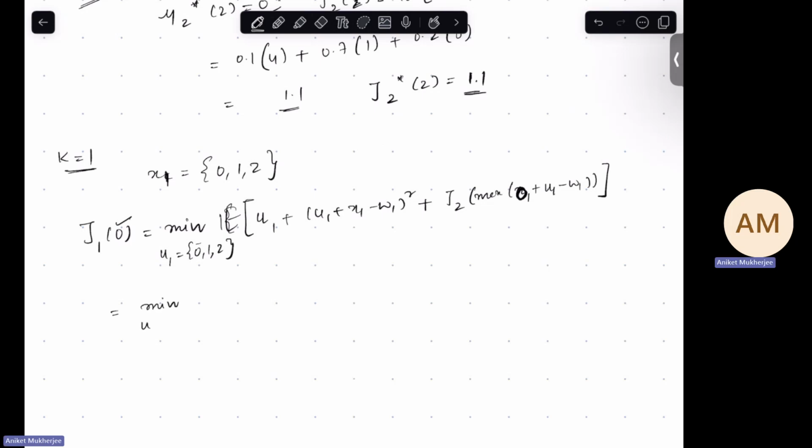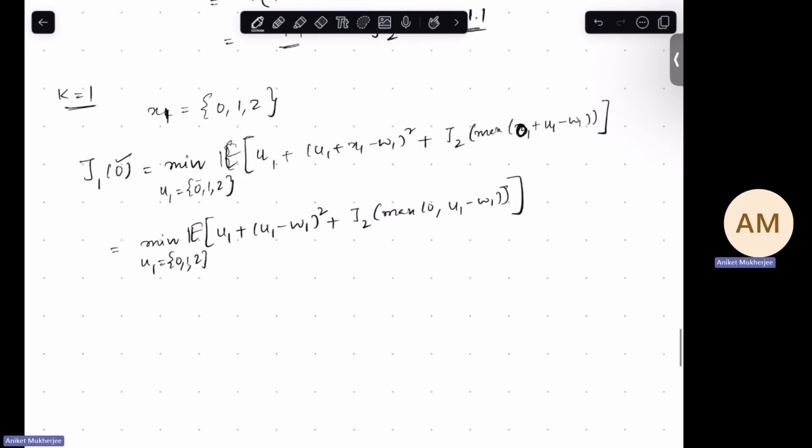We are minimizing over u1 equal to 0, 1, 2: expectation of u1 plus (u1 minus w1) whole square plus J2 of max of 0 comma u1 minus w1. So first we'll do it for u1 equal to 0.